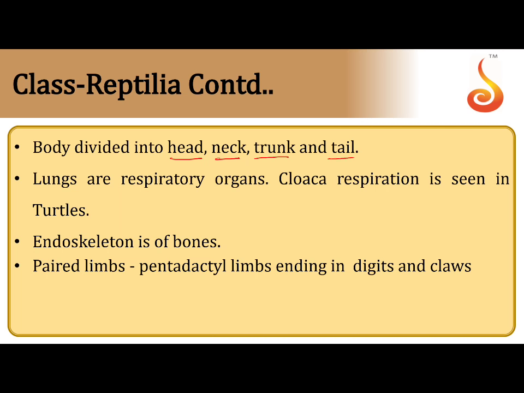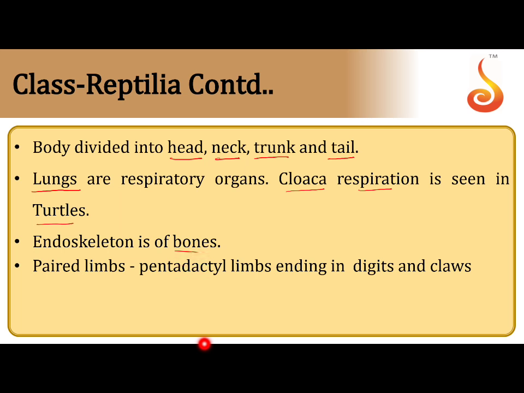If we are going to understand the physiology of these animals, we see that since they are land animals, they have well developed respiratory system in the form of lungs. But certain exceptions are still there, like turtles respire through cloaca. These organisms, being vertebrates, have an excellent endoskeleton.